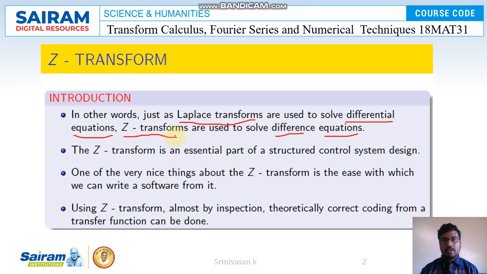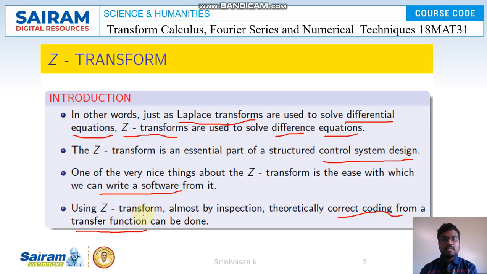We use the Z transform in control system design, and also in writing new software we can convert, and by using Z transform we get the original solution, and also in some coding. Okay, so using the transfer function we get the solution of some difference equation.